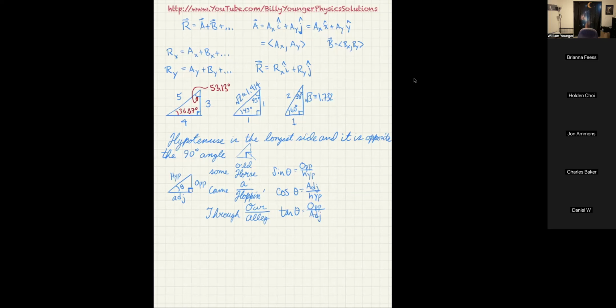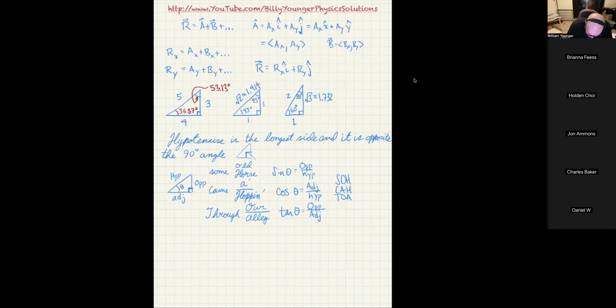Now, some of you probably know this as SOH CAH TOA. Okay. All that also is the same thing as some old horse came a hopping through our alley. So feel free to use that if that's what you are comfortable with. The main thing is it just keeps us honest about knowing what sides are what.